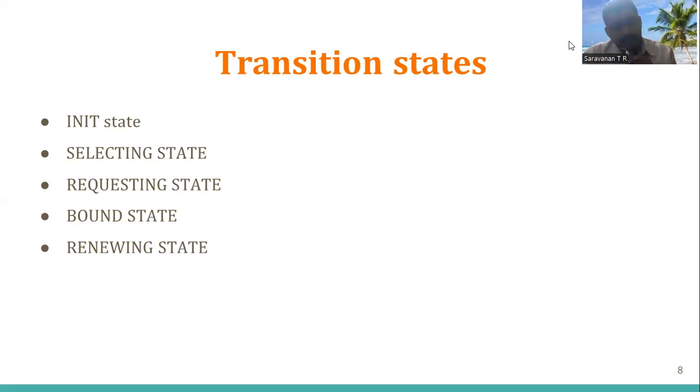And there will be a request to the provider to renew when 50% of the lease period has expired. 50% means, for example, if 1 hour access time is provided, then a request for renewing should be given.